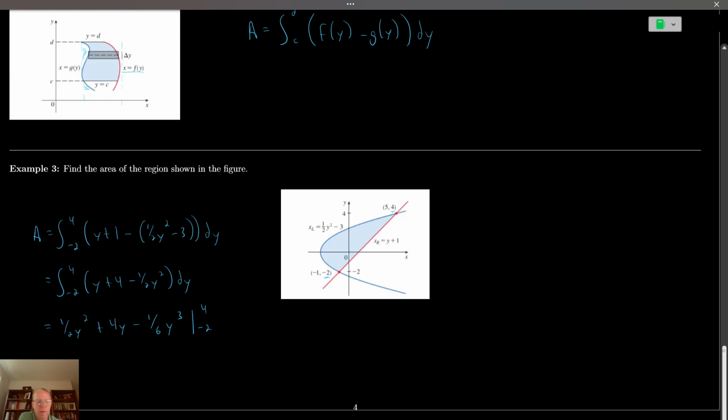from -2 to 4. Now in this case, it probably makes sense to plug these in and be careful about doing it. So we'll plug in the 4, and then we'll subtract where we plug in the -2, and we'll simplify from here. So we get 1/2 times 16, that would be 8, plus 16, minus 64 over 6.